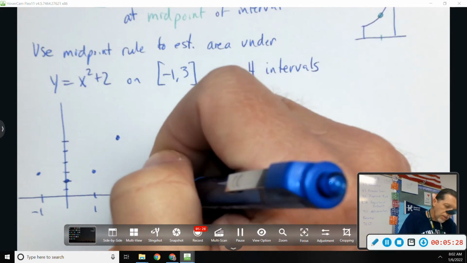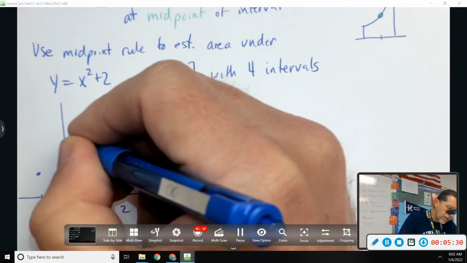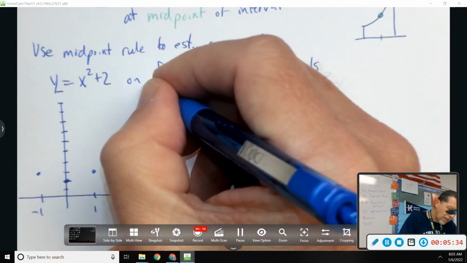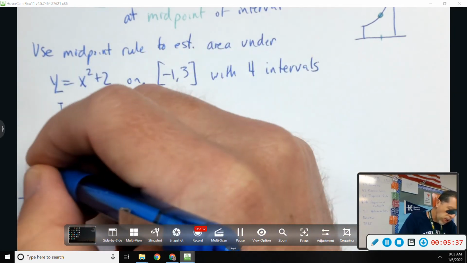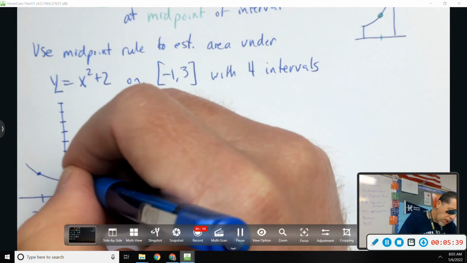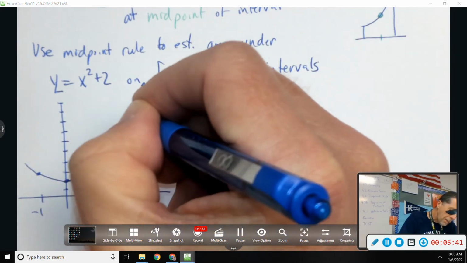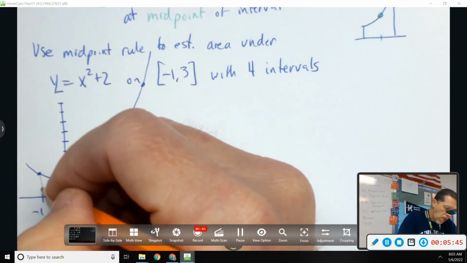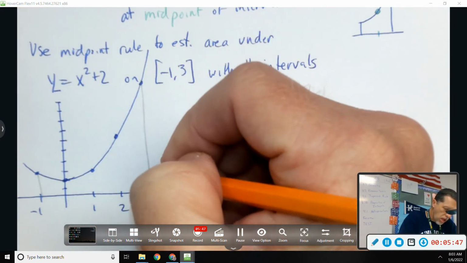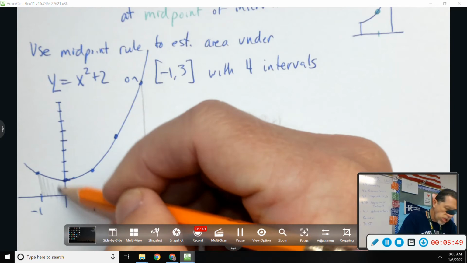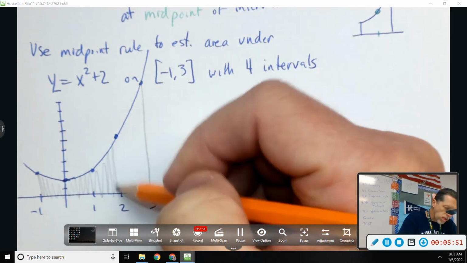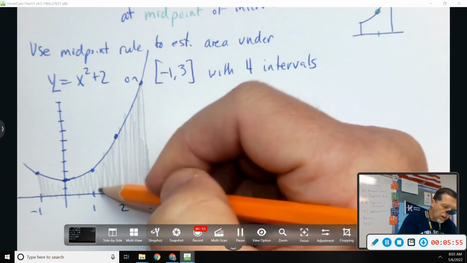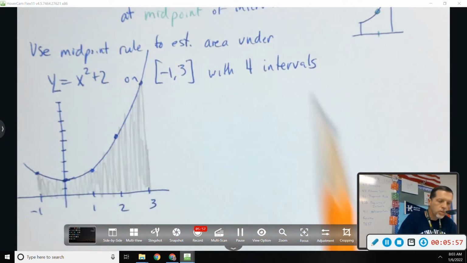If I plug in 3, 9 plus 2 is 11. 6, 7, 8, 9, 10, 11. So there's the area we want to approximate.